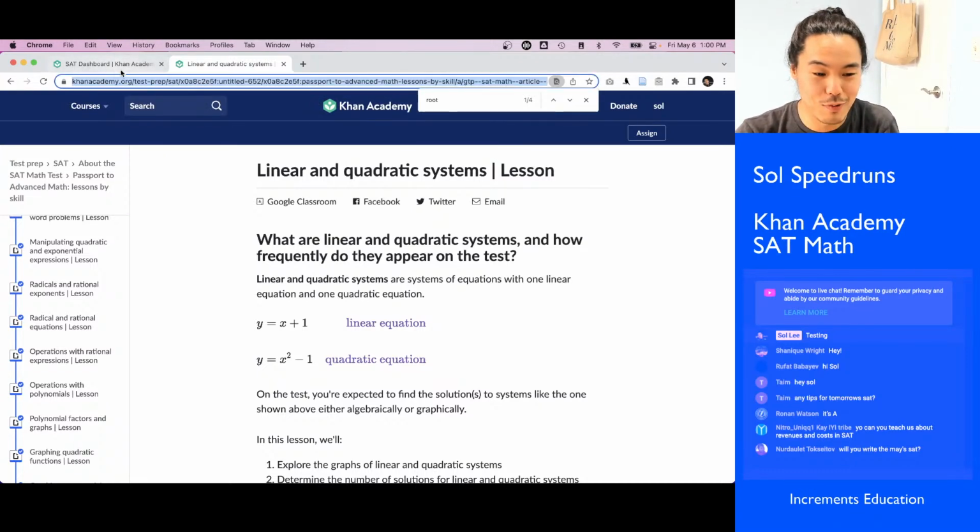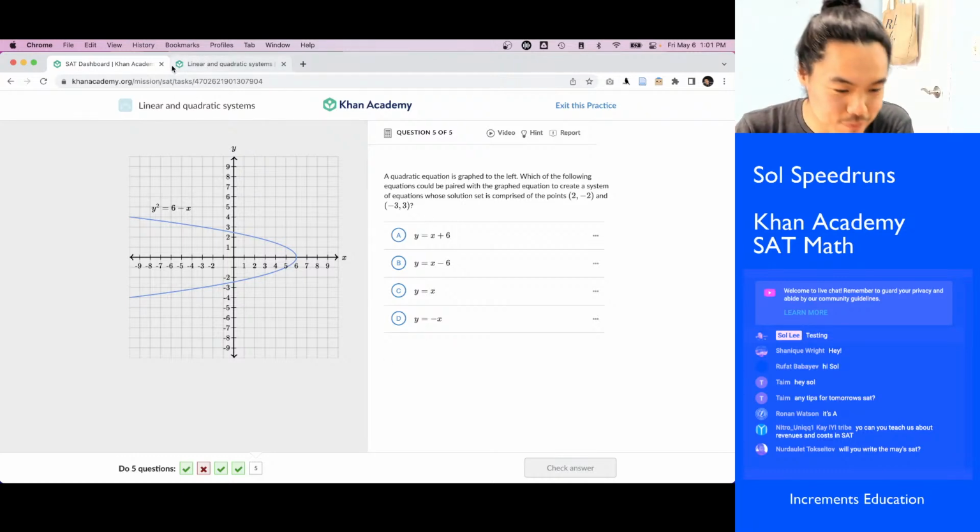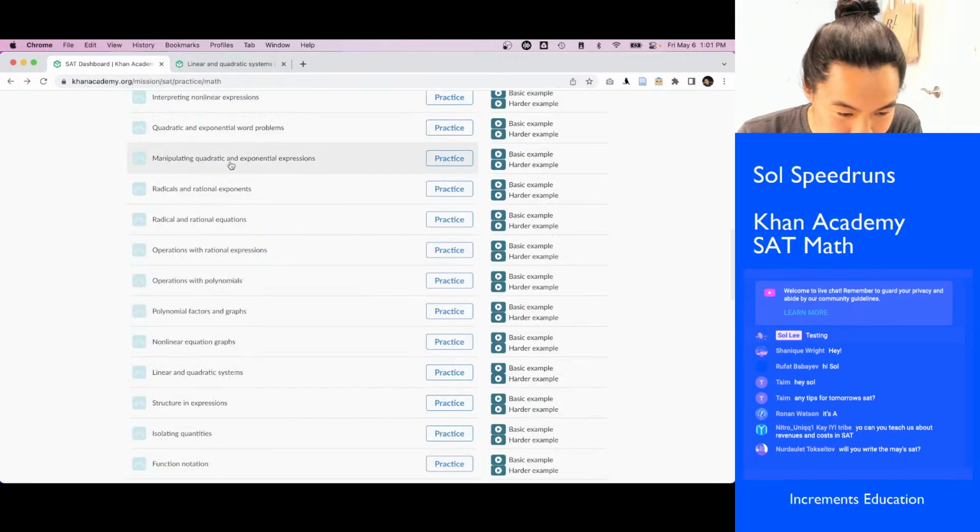Actually, I want a question that challenges me on the linear and quadratic system of equations. I don't want these dumb questions that are hackable, where I can hack them just by looking at the answer. These are too easy to hack, so I'm annoyed right now.